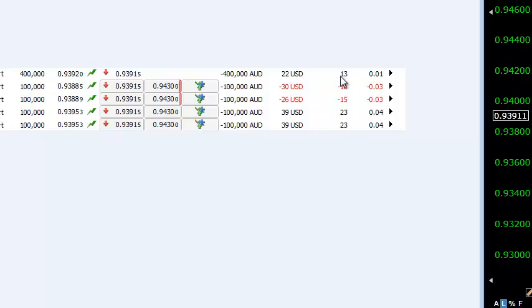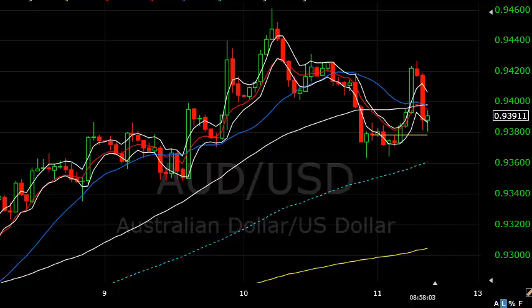So that's where it currently is, and we shall see what happens with that going into Monday. With that Aussie dollar, I'm looking for a little bit more downside yet to come on the Aussie, but I do also anticipate that it could want to chop around quite a bit first as well. So we'll see how that one plays out.